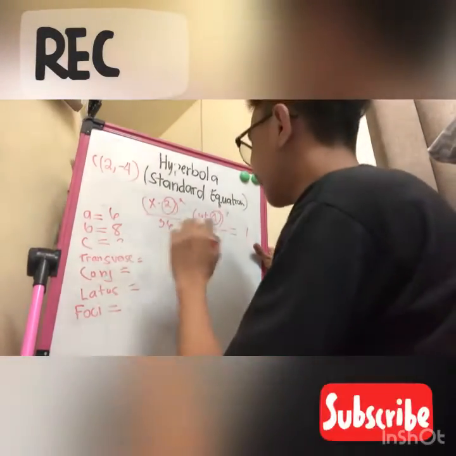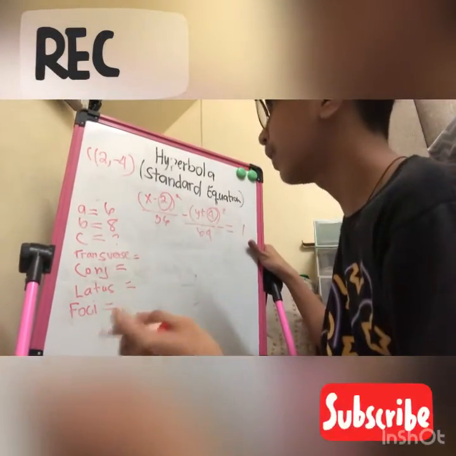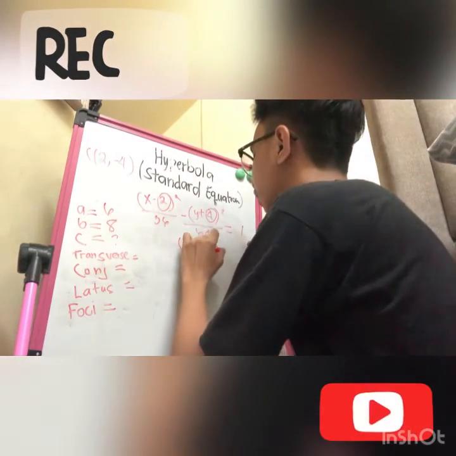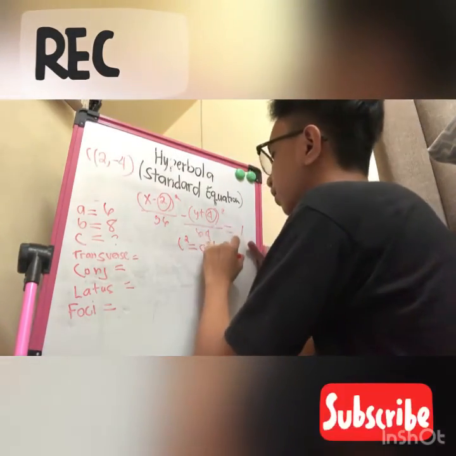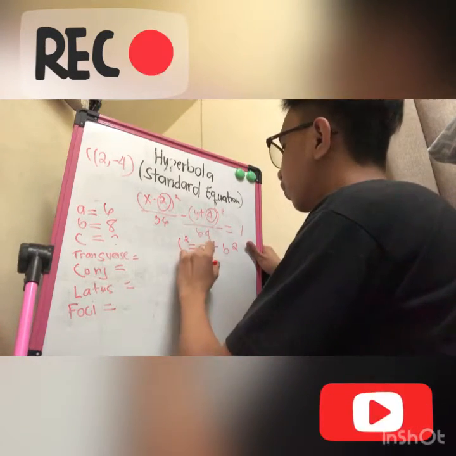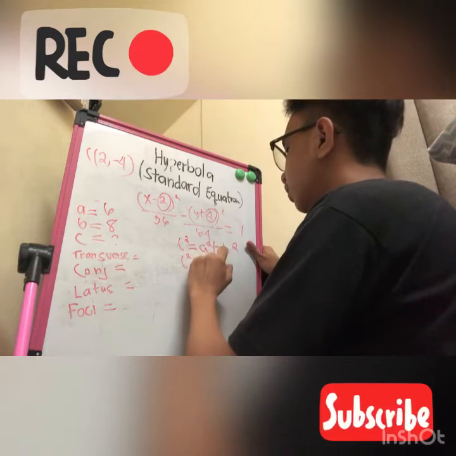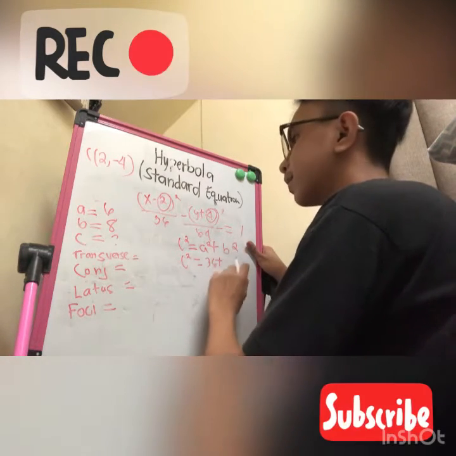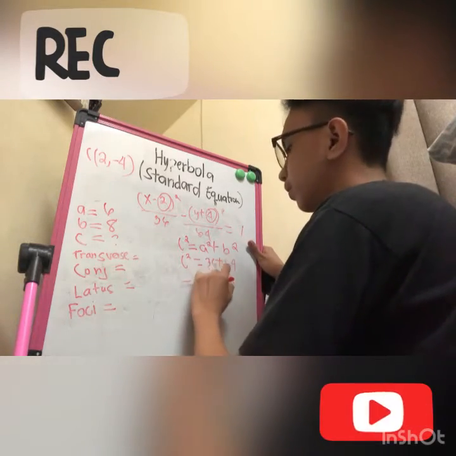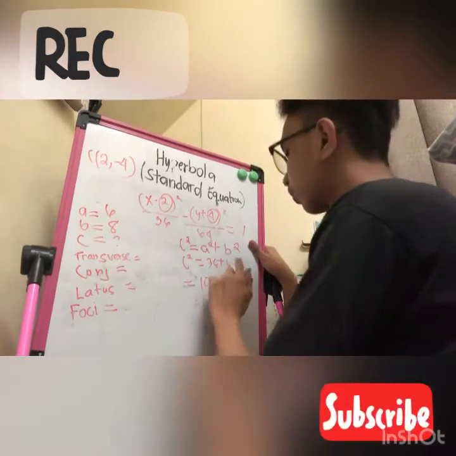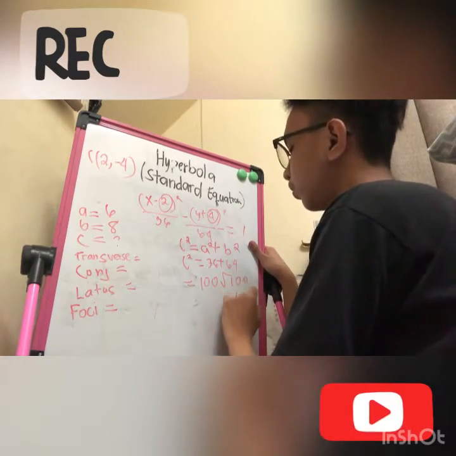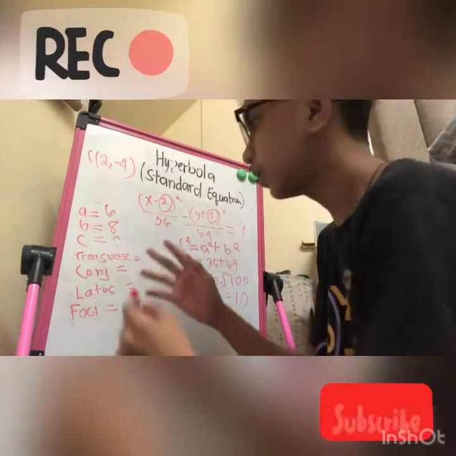Now, to find C, we all know that C is greater than A and B. So, C squared equals A squared plus B squared. So, C squared equals 36 plus 64, which is 100. Square root of 100 is 10. So, C is 10.